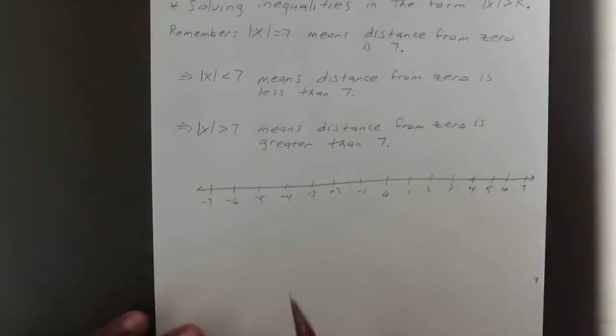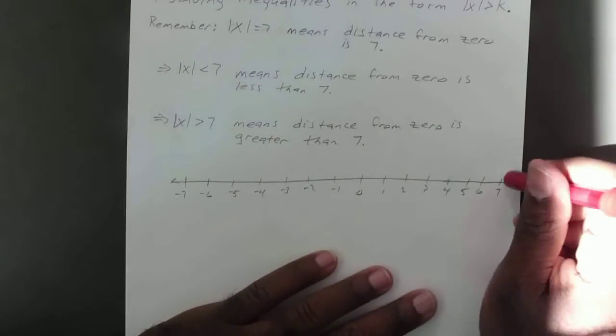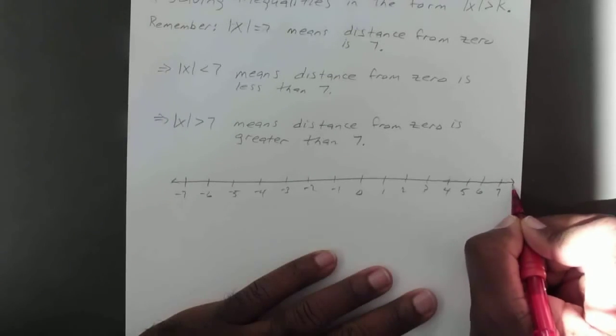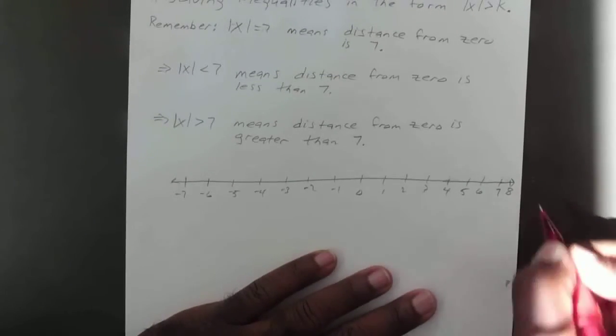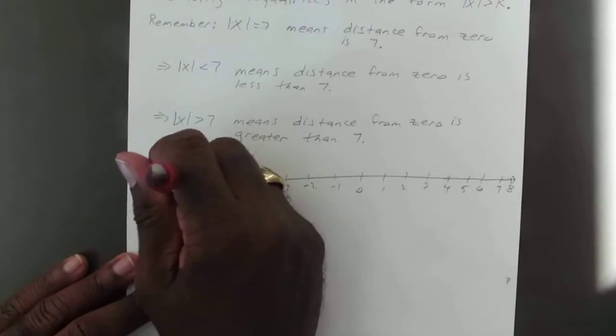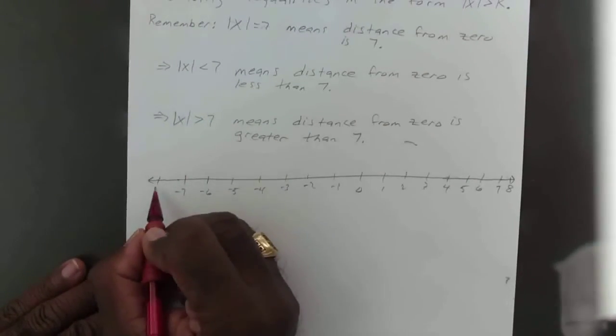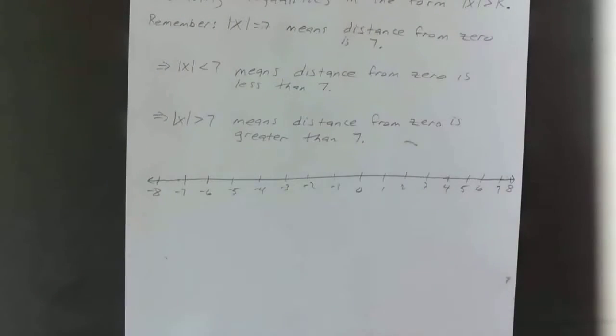And we'll go one more just to run home the point. Probably should have made that number smaller. Okay, so let's go from -8 to 8.